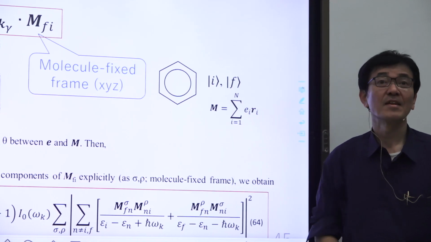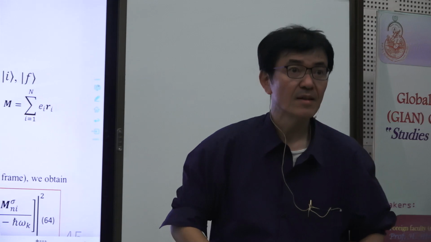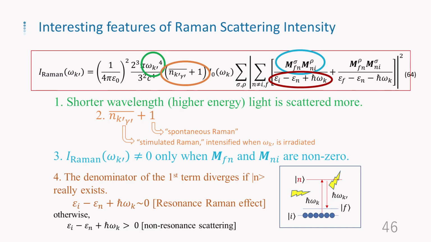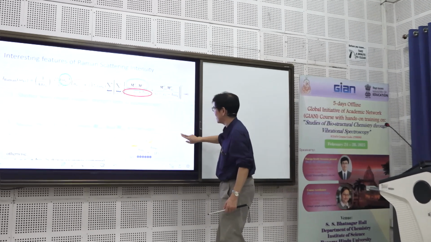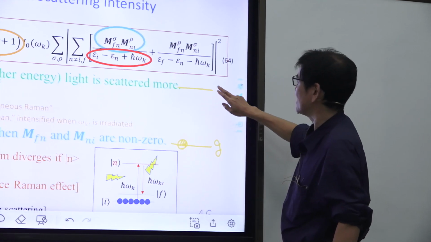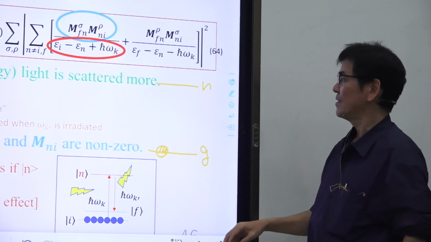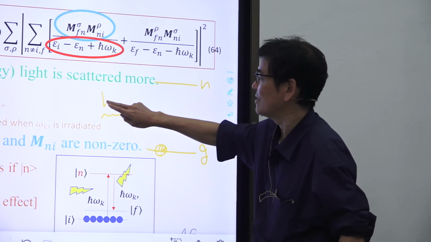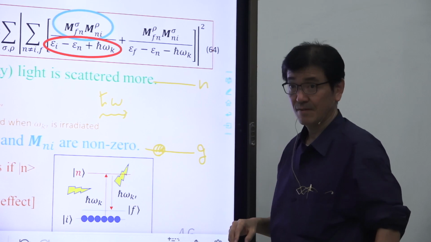Sir, can you please explain to me what is the resonance Raman effect? Resonance Raman effect. So here is the ground state, and the molecule is here. And this is the intermediate state. Light has an energy h bar omega.